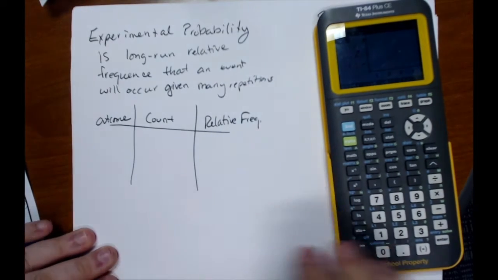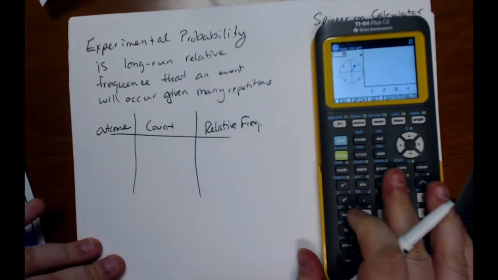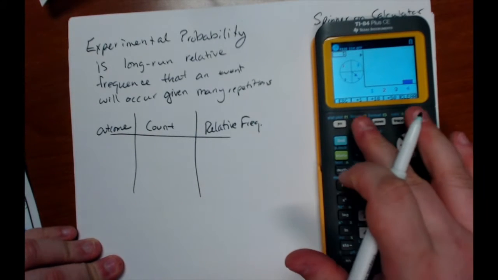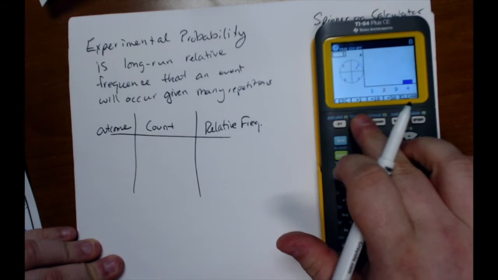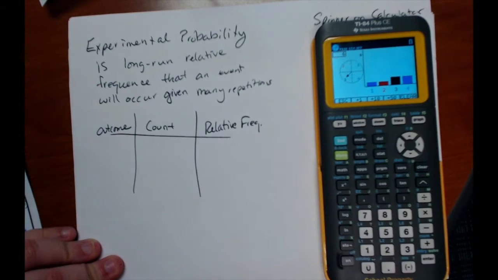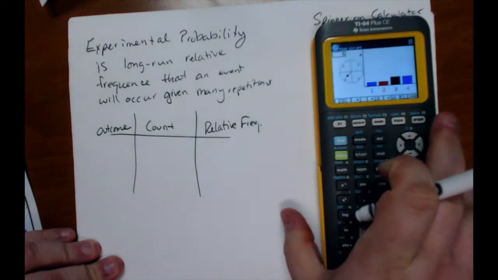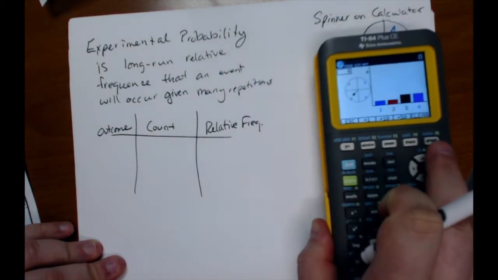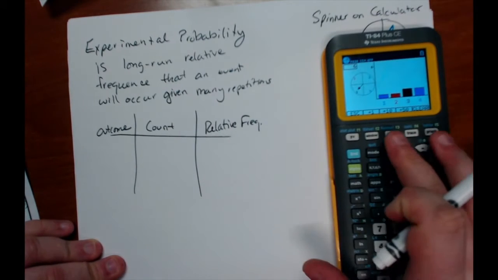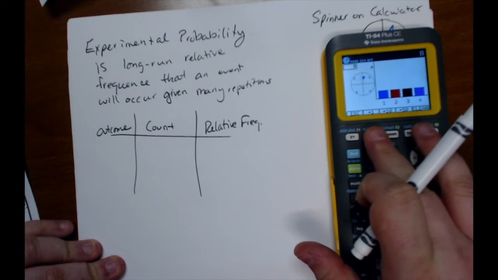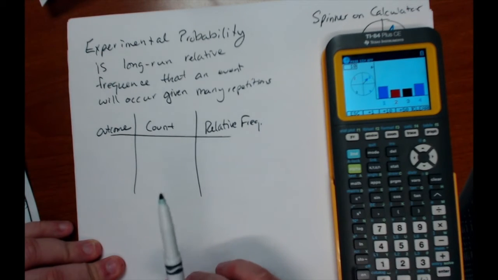So the nice thing about the spinner here is I can spin it once, and so we got a 4. And if I go ahead, I'm going to spin it again. We got another 4, 3, 4, 5, 6, and it's counting how many trials we've done. I know it's a little bit blurry, but we have a 6 up there in the corner. 7, 8, 9, 10 spins so far.